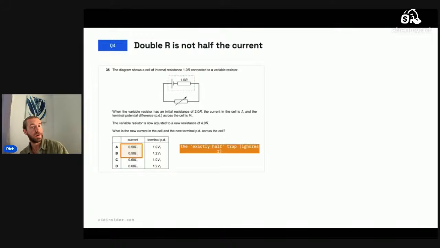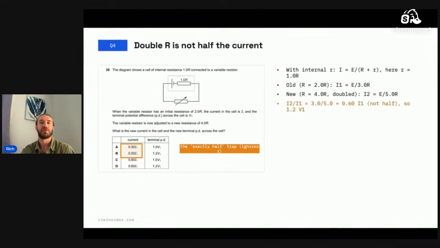Because the current is smaller, the dissipation of power in that internal resistor is going to be less. So that shows us that it's not going to be C, because it's not going to be just the same. It's actually going to be increased because it's losing less to that internal resistance. Therefore, your terminal PD is going to be larger.